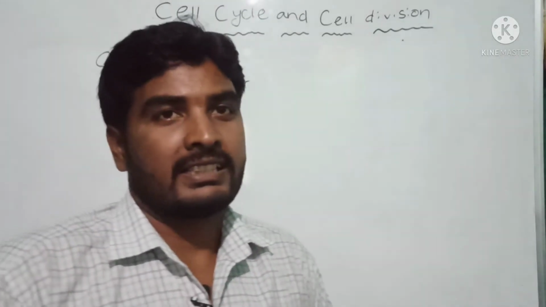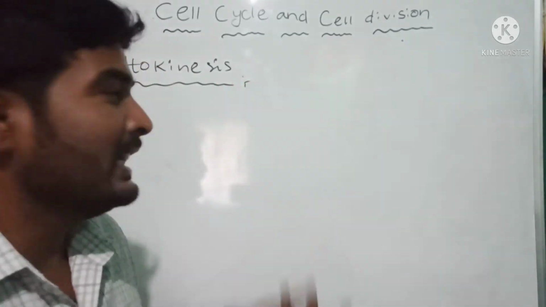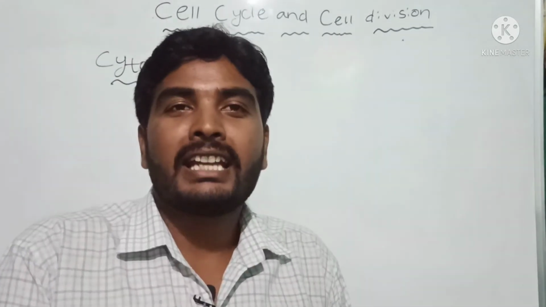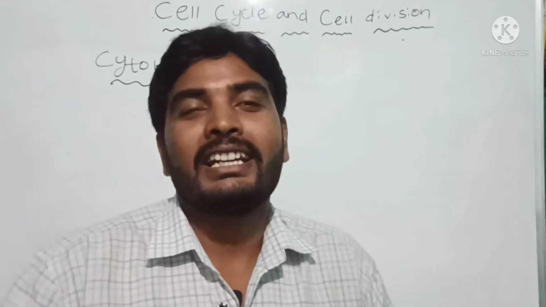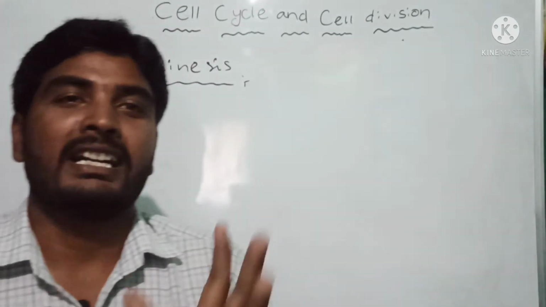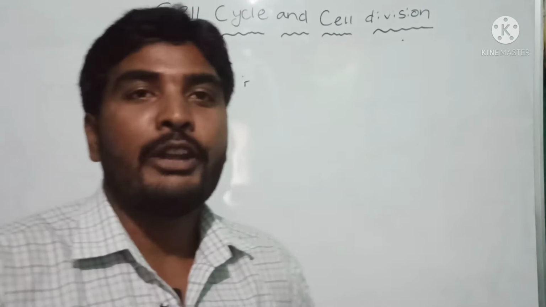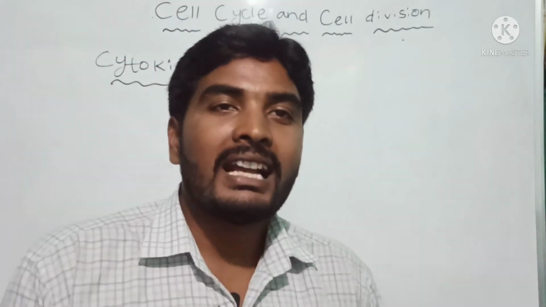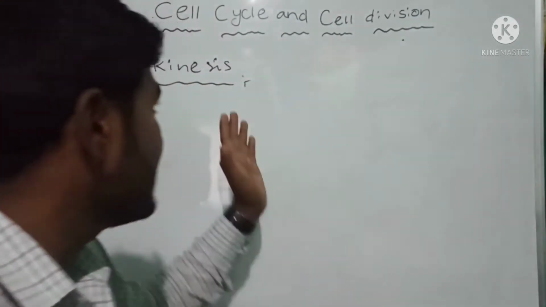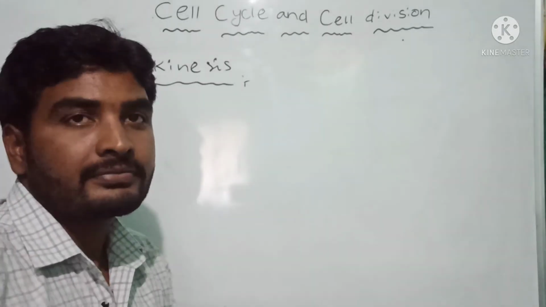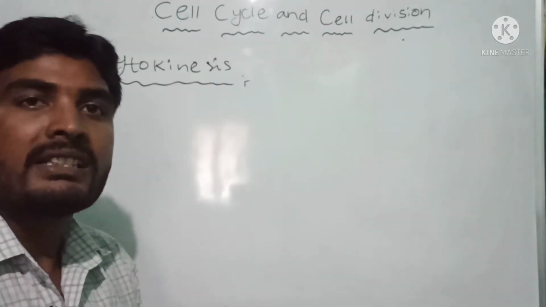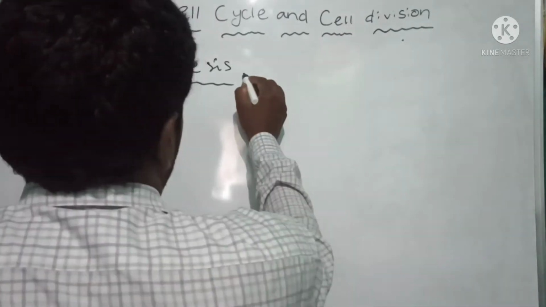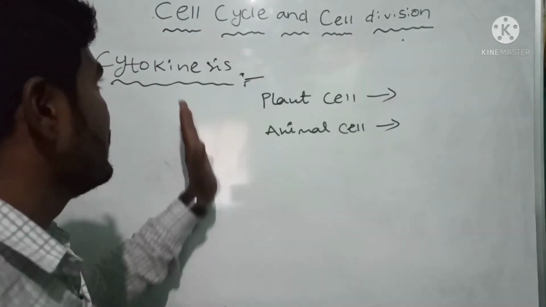Next, cytokinesis. If cell division stops, we get a multinucleate condition. Division of the cytoplasm is called cytokinesis.